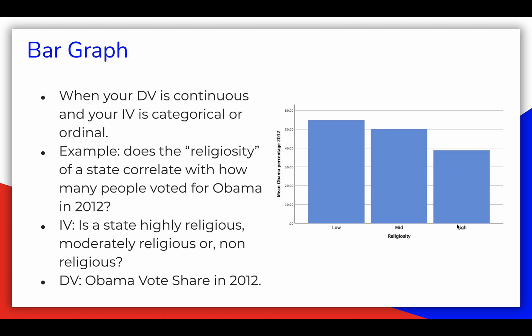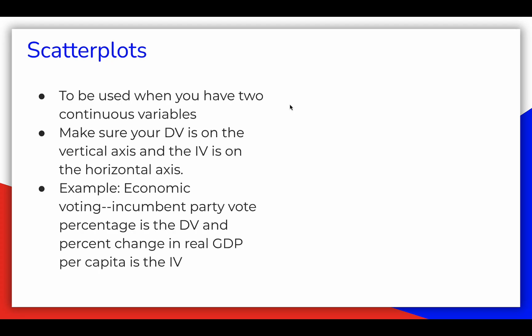And then those states that had really high levels of religiosity were less likely to support Obama in 2012, right? They had lower vote shares for him. So this is again an example of what this would look like. Your independent variable here is the categories of religiosity along the x-axis, and your dependent variable is the percent vote for Obama along the y-axis.